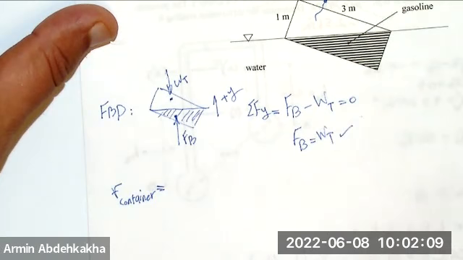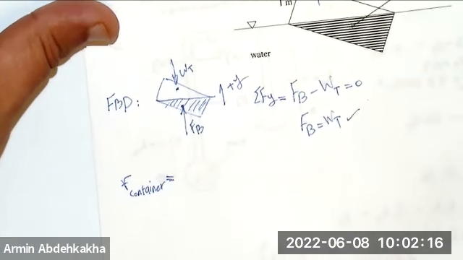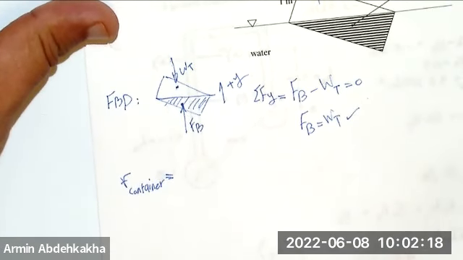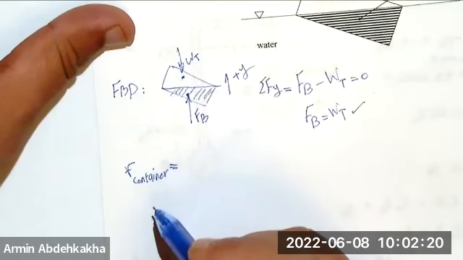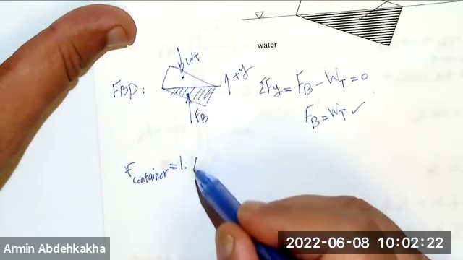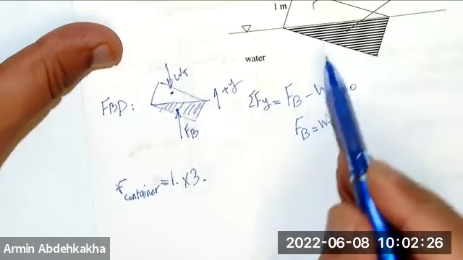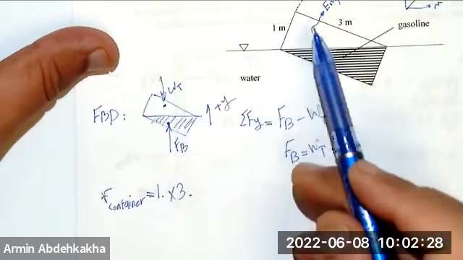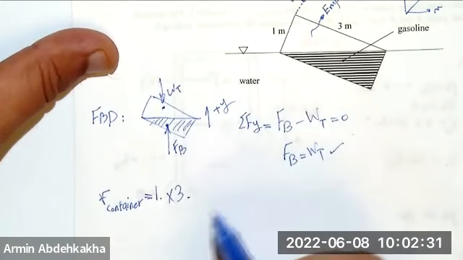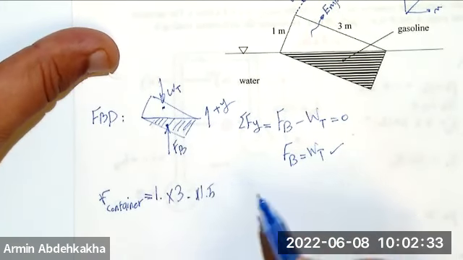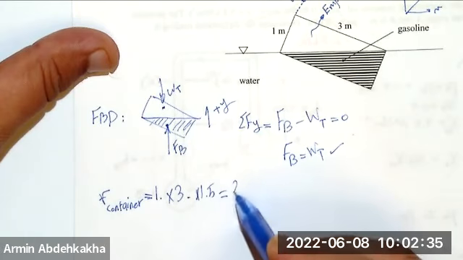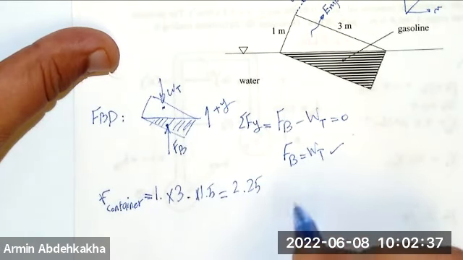Thus, this comes from the force body force balance. V of container is 1 times 3, times the W, which is 1.5. 1.5 gives you 2.25 meter cube.